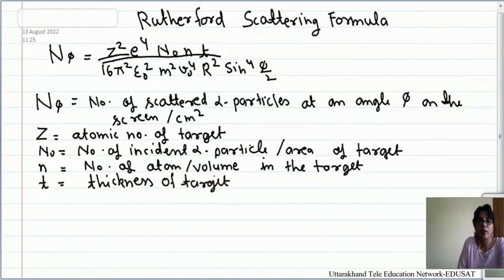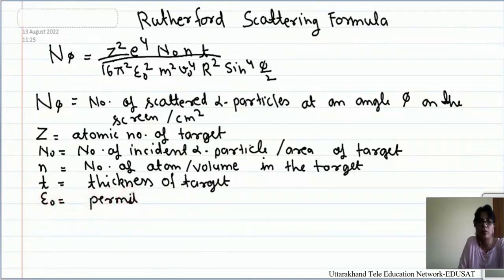And in 16 pi square epsilon naught square, you know epsilon naught is the permittivity of free space.